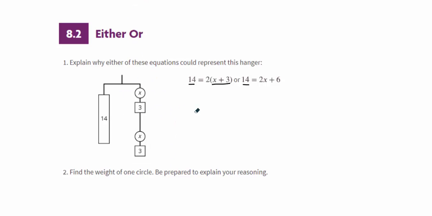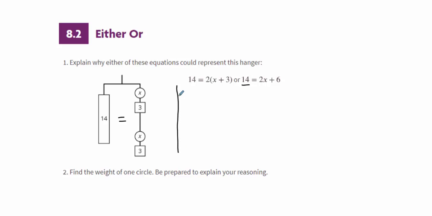So let's look at the other equation and see why that would represent the hanger. 14, here's our 14, is equal to, we know it's equal because it's level, 2x plus 6. Well, let's move these around. In fact, let's redraw this side of the hanger.